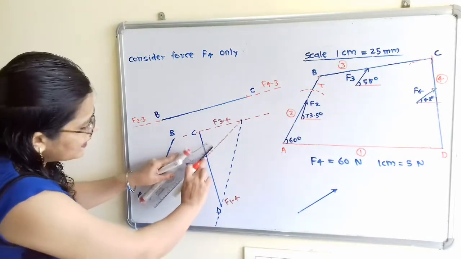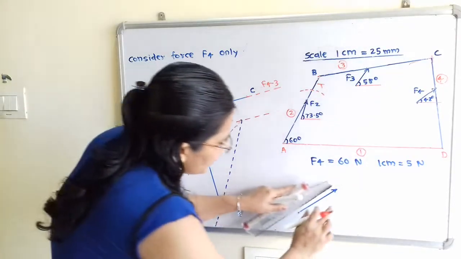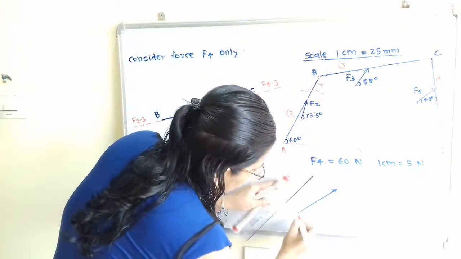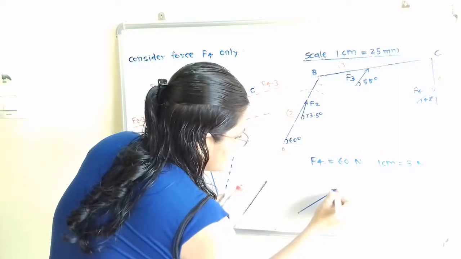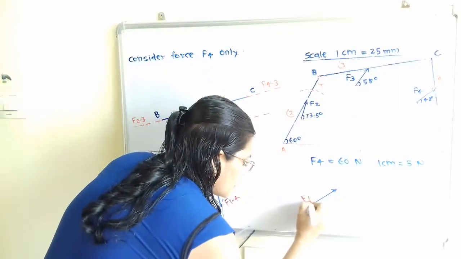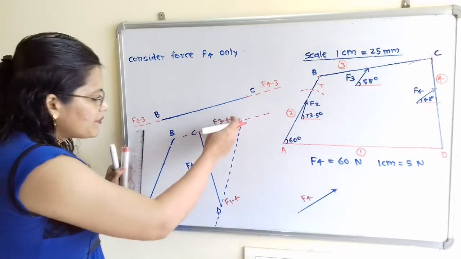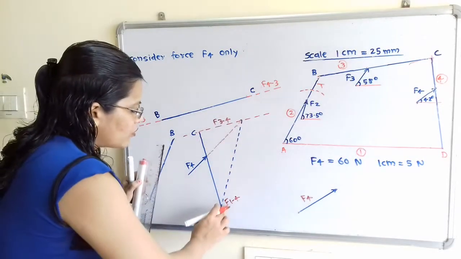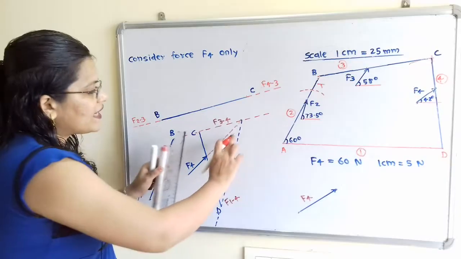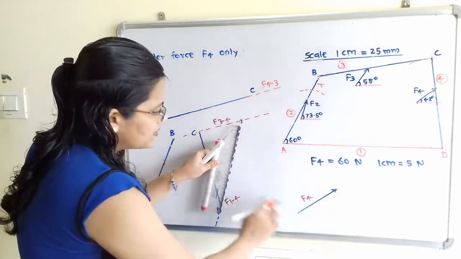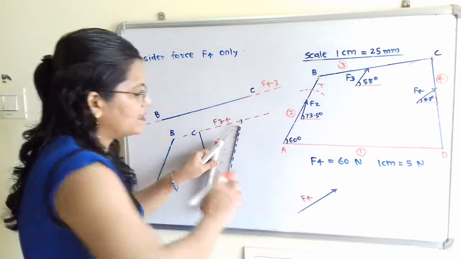So I will take a line parallel to this F4 and take here 12 centimeter distance. This is the tail and this is the head of this force F4. Now how to draw the next force? This is the line of action of force F of 1 to 4. We can draw the line parallel to this either at the head or at the tail.